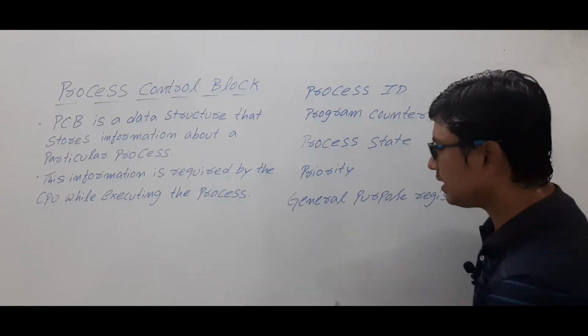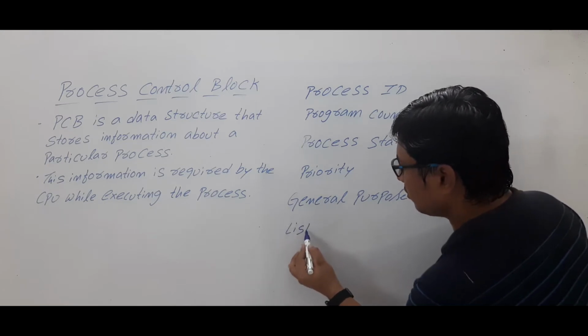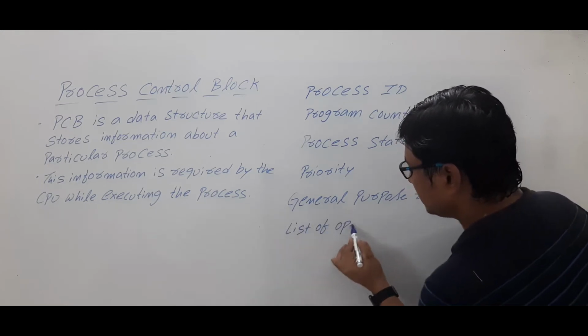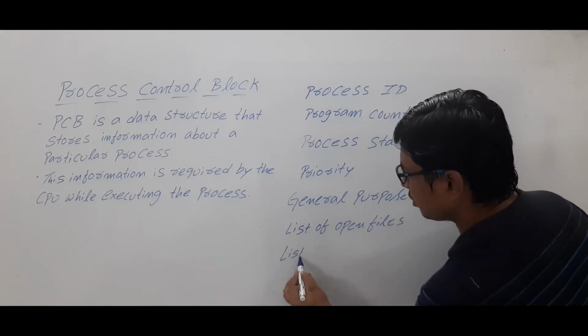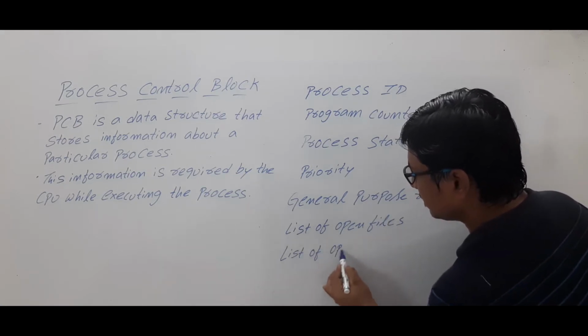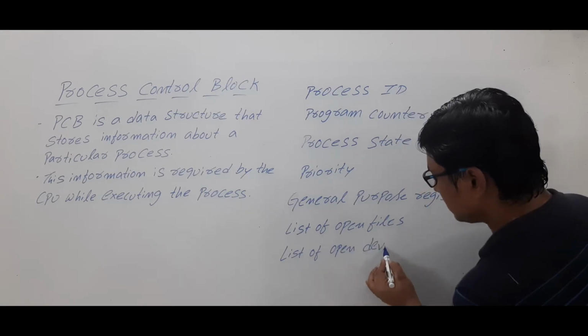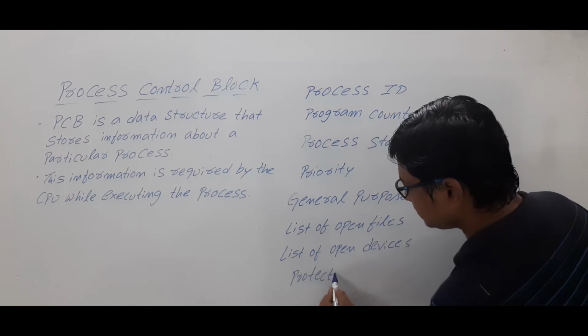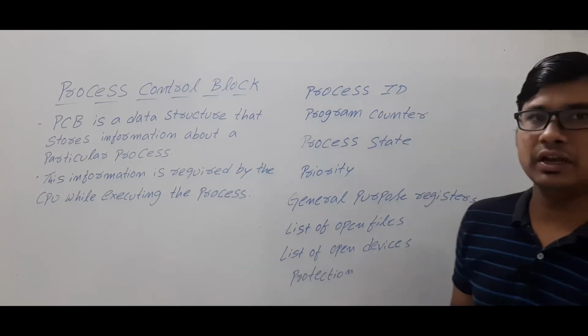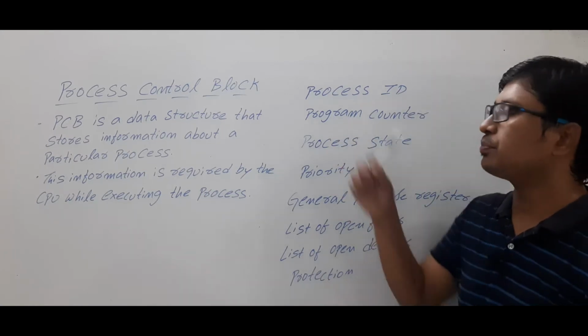Then you will have the list of open files, then the list of open devices, and then you will have the protection. So these are all what we call attributes of a process.